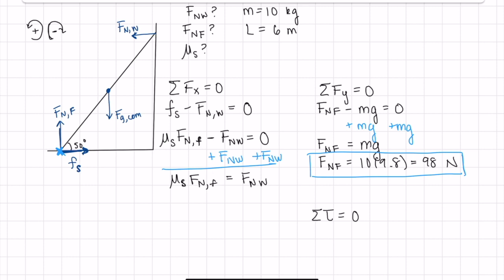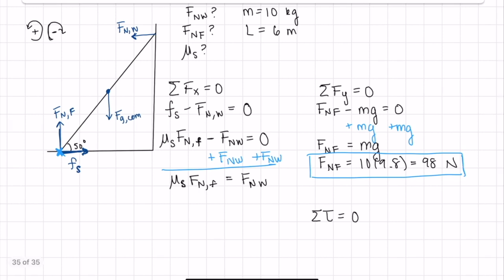Oh, and then what we're going to need to do from the geometry is get the angle between the lever arm and the forces. So I'm going to, just with the dashed line, extend the force gravity vector down from the rule for right triangles, or for any triangles, the angles have to add to 180.